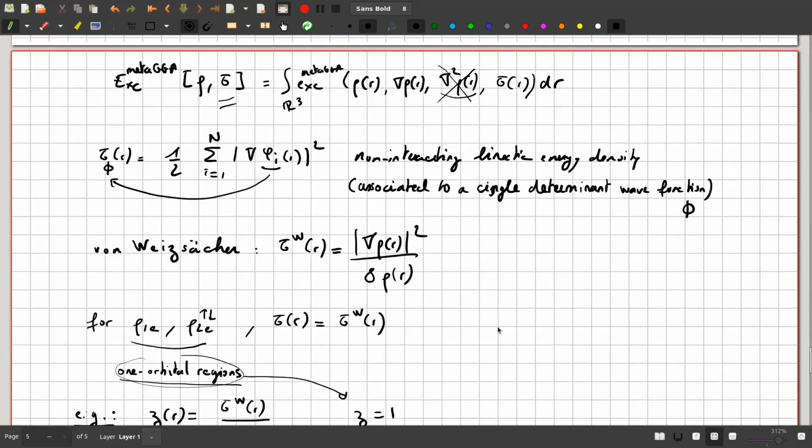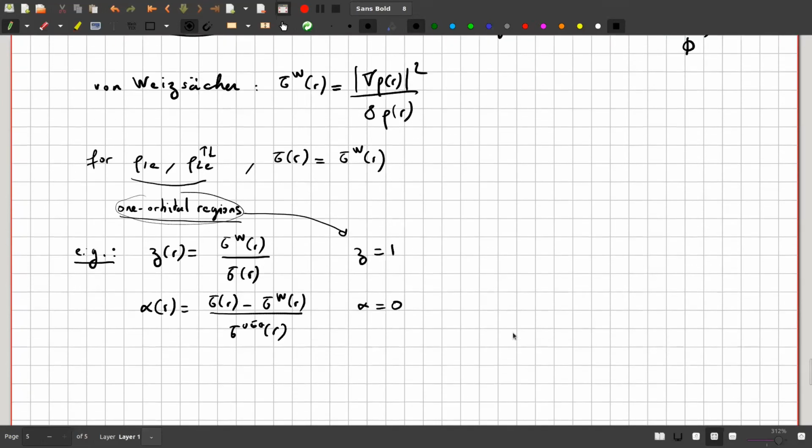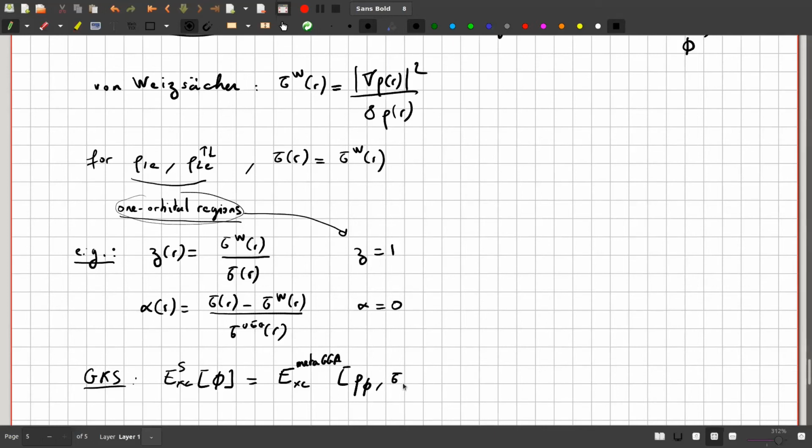Remember that in the generalized Kohn-Sham scheme, we have a generalized exchange-correlation functional depending directly on the Slater determinants. Here it corresponds to choosing for this functional the meta-GGA expression evaluated at the density of the single determinant phi and the kinetic energy density of this determinant phi.